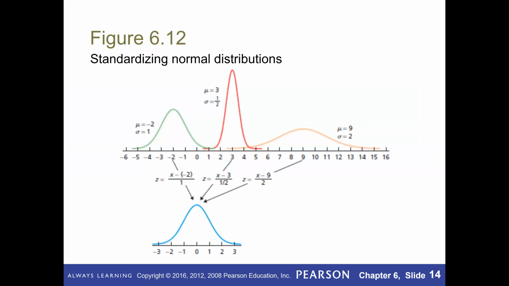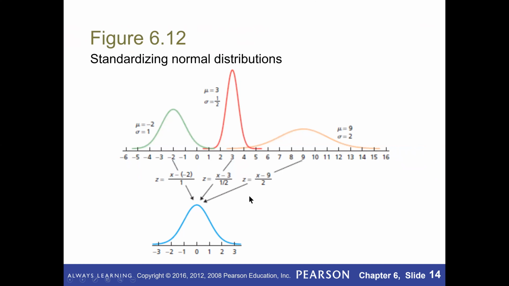With this, we further explain the standardization process. You have these different members on top. These different colors of normal distribution are 3 different members in the normal distribution family. But through standardizing, you can standardize them to the standard normal distribution family.